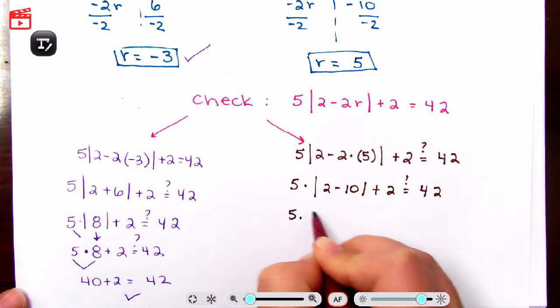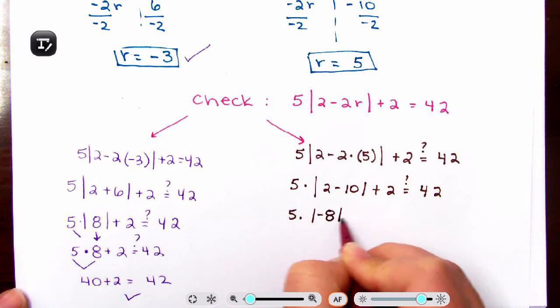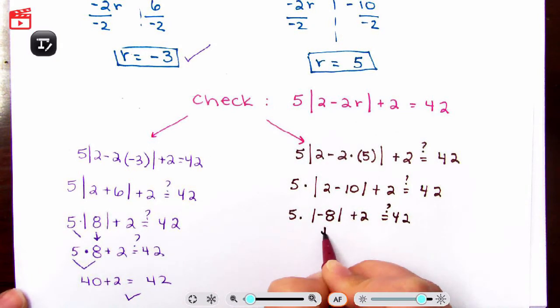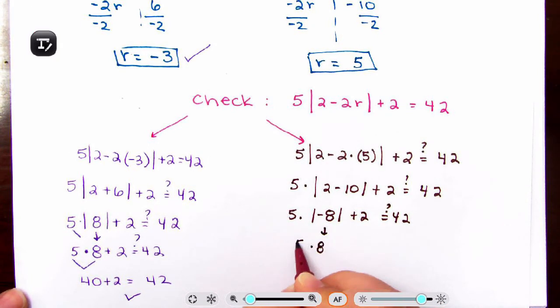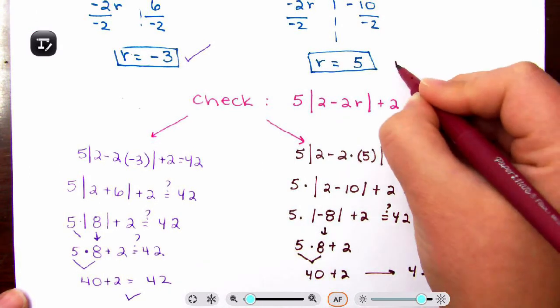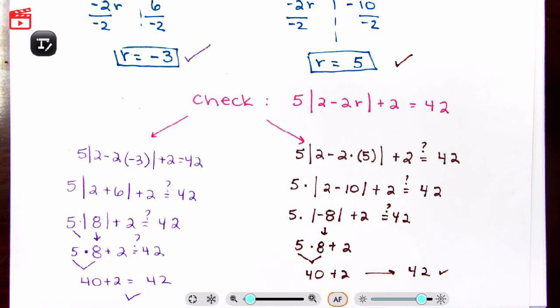So 5 times, I have a negative 8 here, plus 2. Negative 8 absolute value is a positive 8. 5 times 8 is 40, plus 2. Yes, in fact, we get 42. So both of these are our answers.